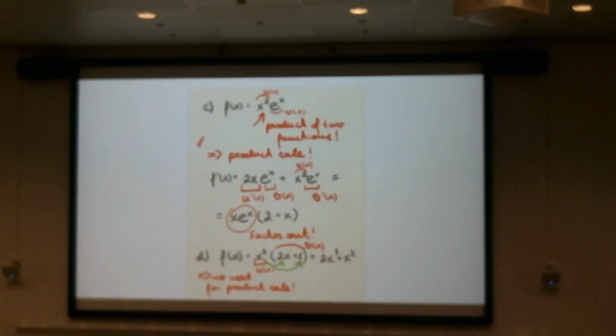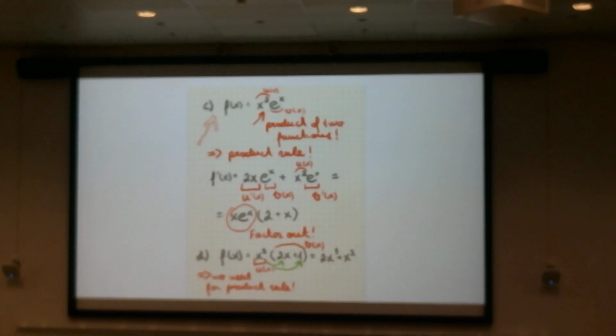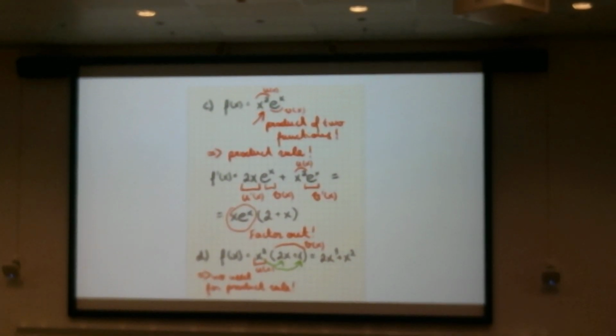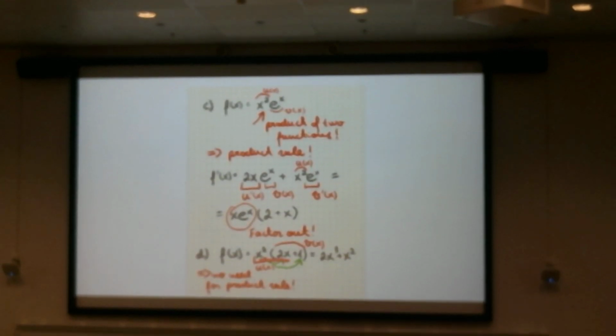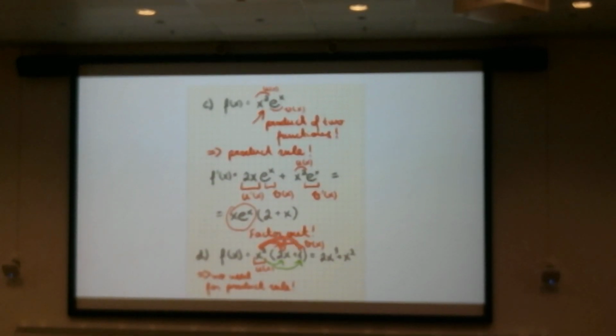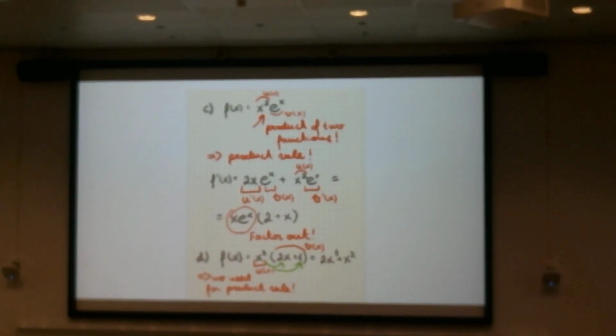But when it comes to examples of the nature of C, then you must use product rule, because there is no way to simplify, right? The reason we can simplify this is that we can just distribute, multiply, and merge the powers.